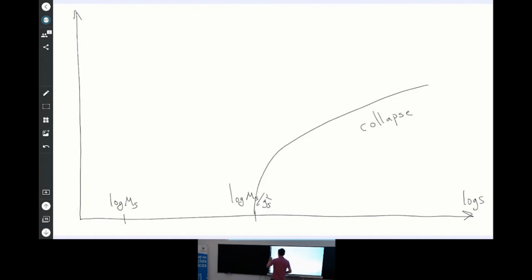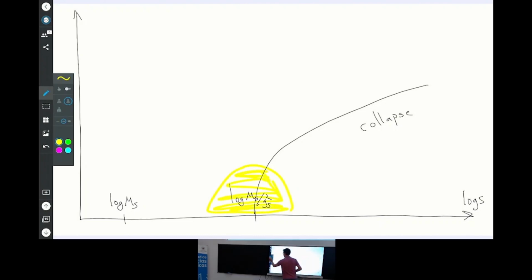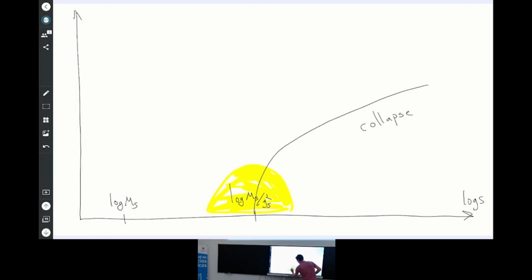Now here we have this region. I guess we don't know exactly what happens, but it's some kind of physics which would be interesting to understand.